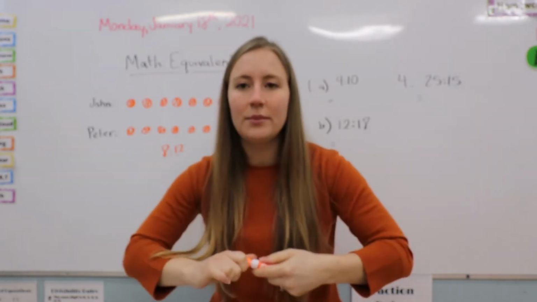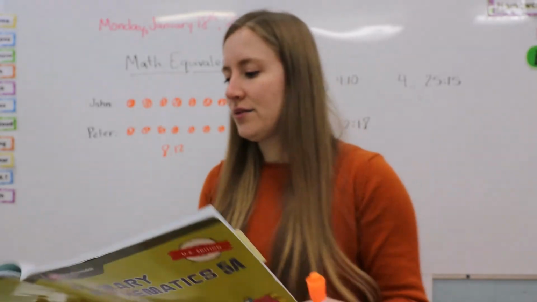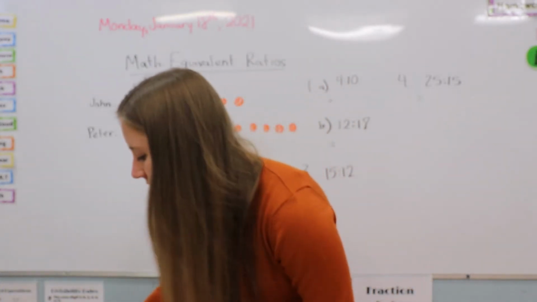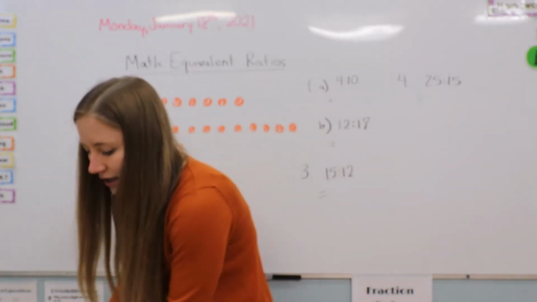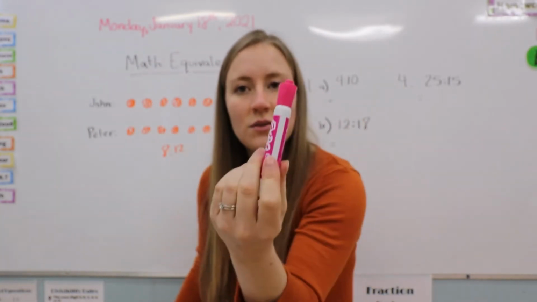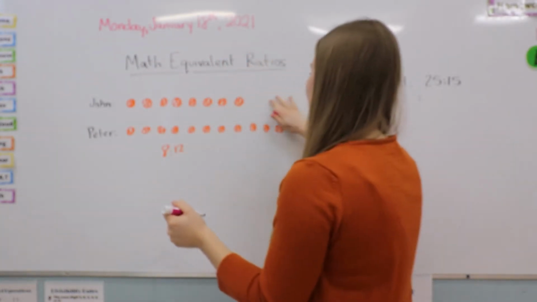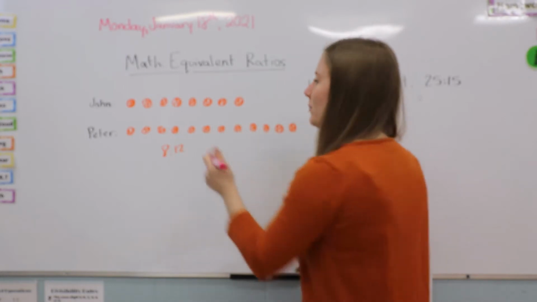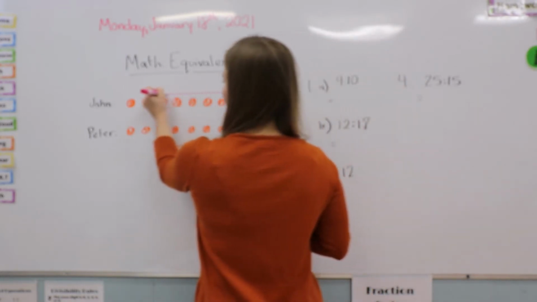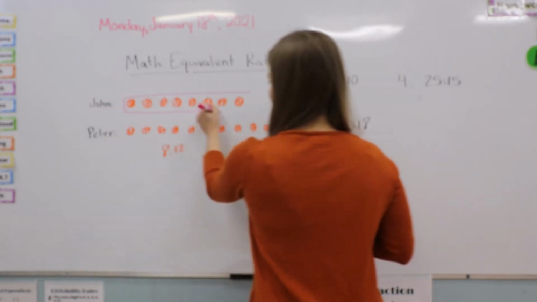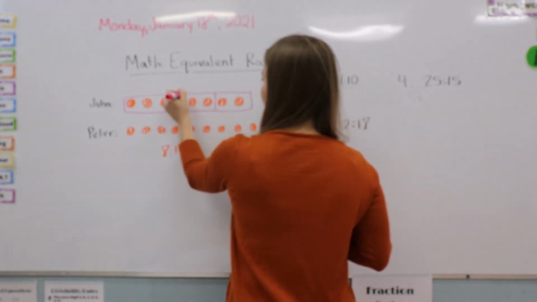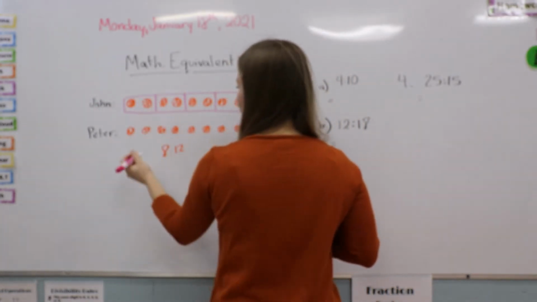So that's the actual number of each of their pennies, right? So that's the first step. But we can actually turn this into units, right? We can put them into groups of 2 to get 4 units and 6 units, which I'm going to do with pink, because we know that both of these can be put in groups of 2. So John's, you're going to get 4 groups of 2 pennies.